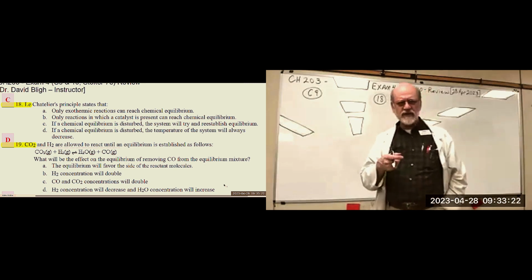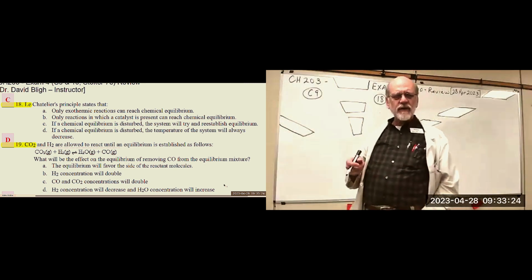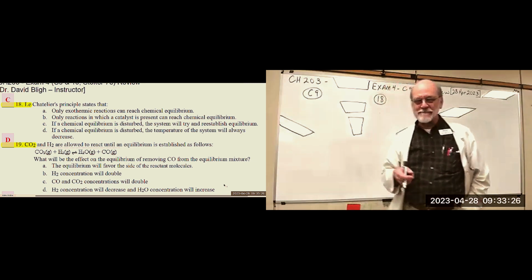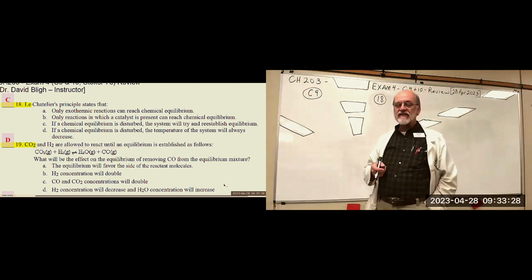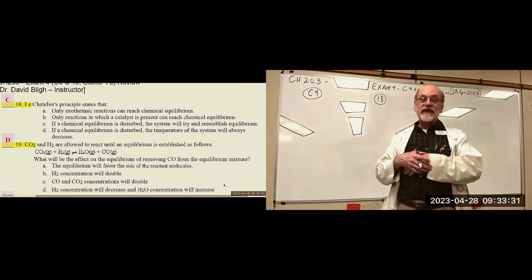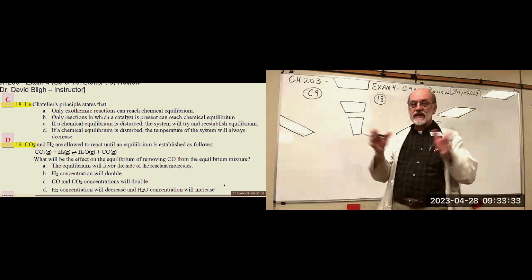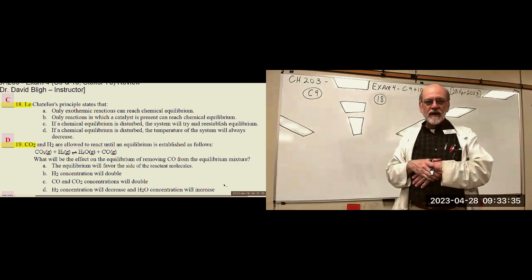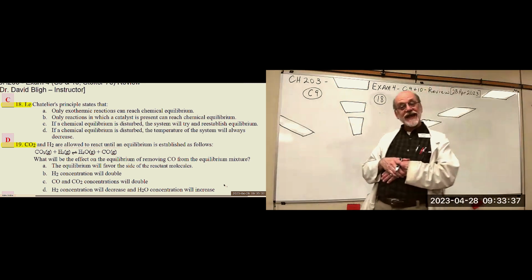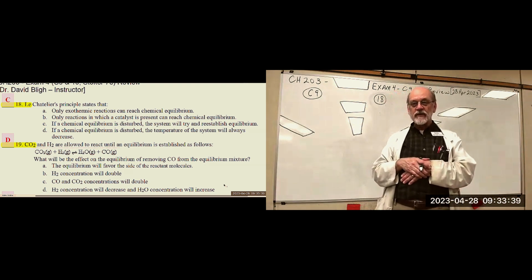Okay, so let's see which one of these fits. A, only exothermic reactions reach chemical equilibrium. It doesn't have anything to do with whether it's exothermic or endothermic. It works on either one. B, only reactions in which a catalyst is present can reach chemical equilibrium.